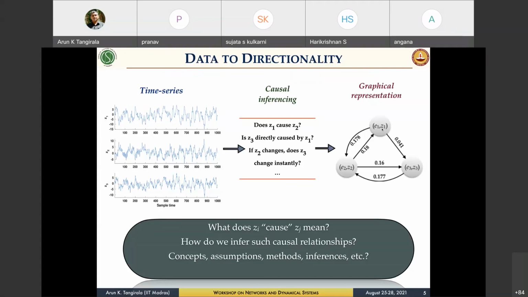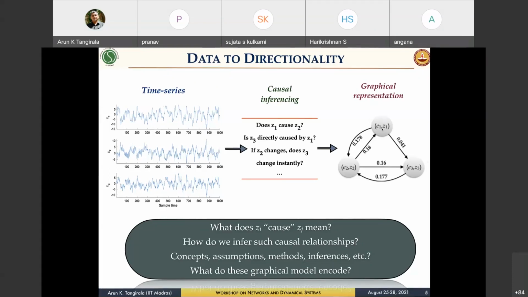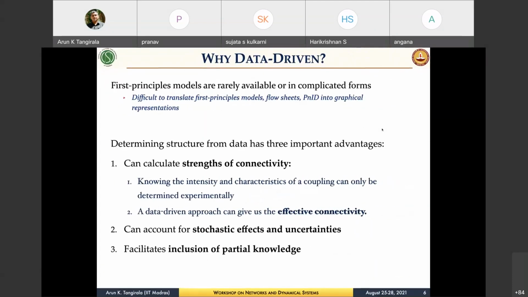A lot of researchers are not clear, or they do not distinguish between the definition and the method of inferring it. They just simply confuse both, and then in the end you have a messy paper. And the question is, if you choose to represent in the form of a graph. So a lot of questions you have to have clarity on before you jump onto causal discovery.